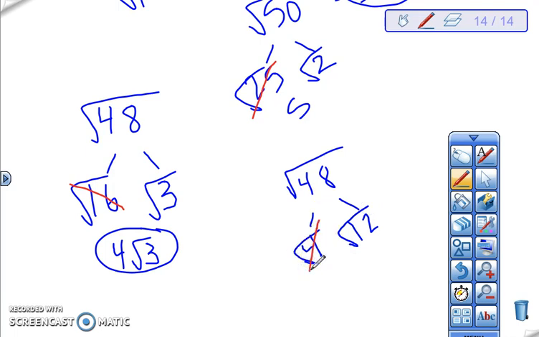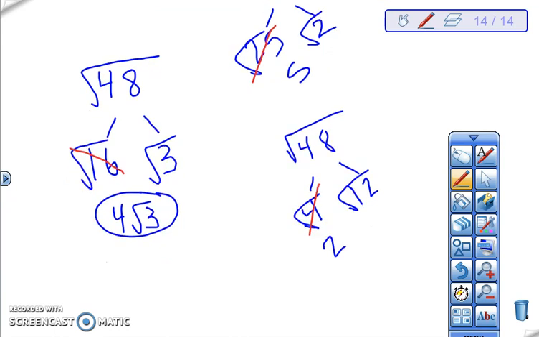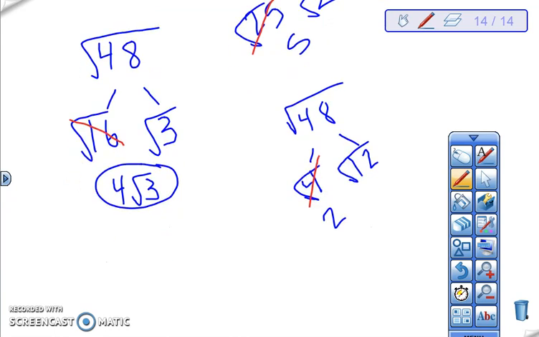Well, 4 would square root to 2. 12 does not have a square root. Can I break down the 12? And I can, right? I know that 4 times 3 is equal to 12. And I can do the same process I did a minute ago with the 48.